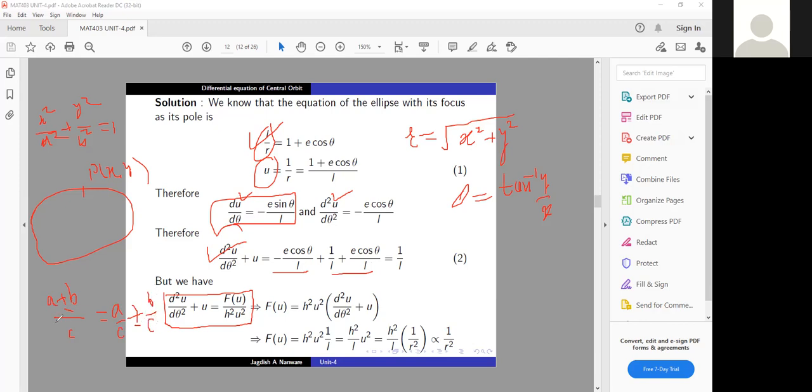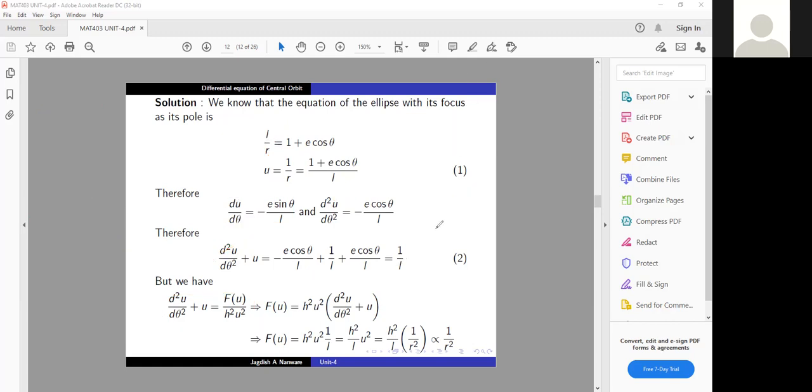So in this way you can separate it. Now see, this is minus E cos theta upon L and this is plus E cos theta upon L. So what is the right hand side? It is only 1 upon L.